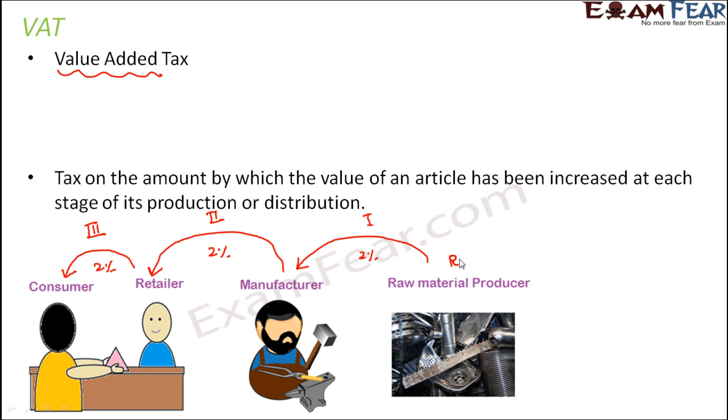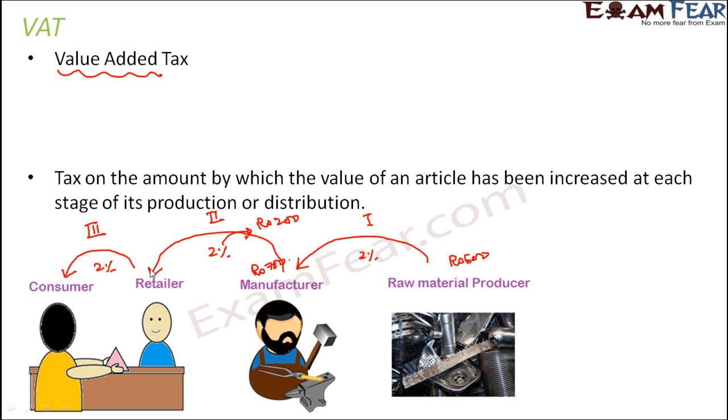So this time when you charge tax, you should not charge it on 700. You should rather charge it only on the difference. That is, this 2% should be charged only on rupees 200 because 200 is the extra manufacturing cost that has been incurred by the manufacturer.